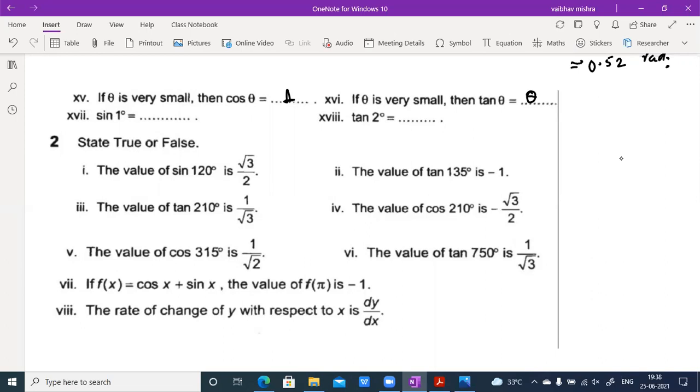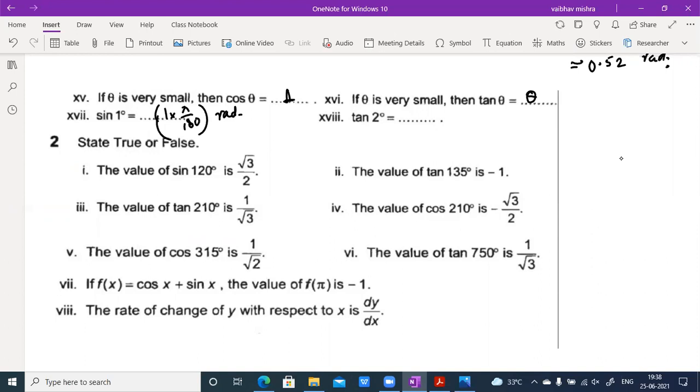No. It will be equal to 1 into pi by 180, because sine theta is equal to theta is applicable only when the angle is in radian. 1 degree should be expressed as radian, 1 degree into pi by 180.